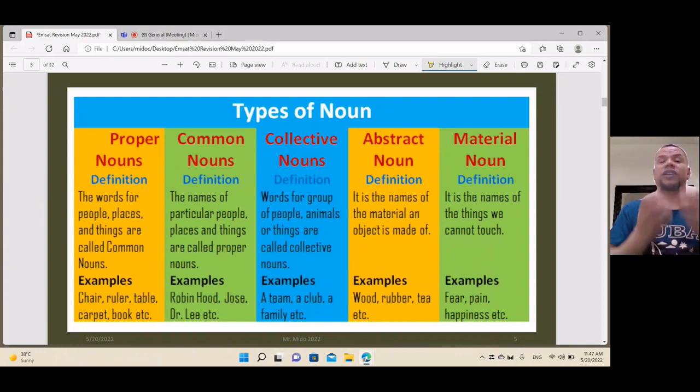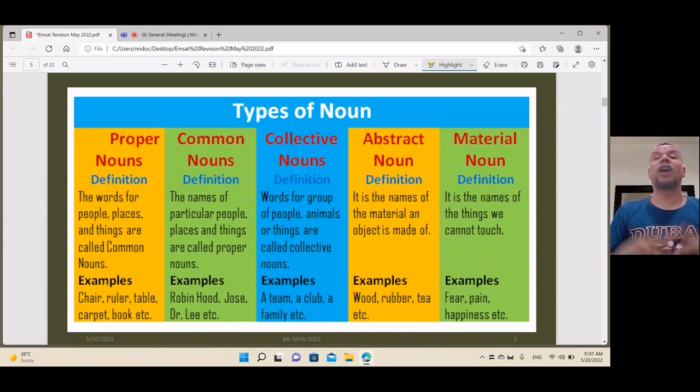So honesty, courage, someone is brave. Bravery, courage, honesty, all of that are abstract nouns. We cannot touch honesty, we cannot touch or see courage, we don't know its color, and so on. So this is an abstract noun.